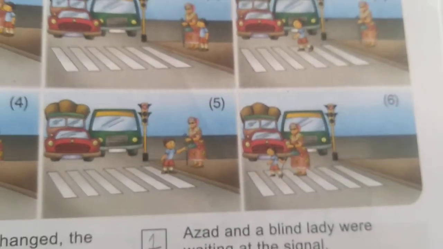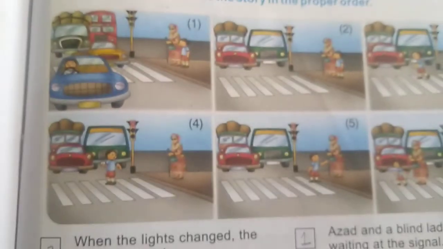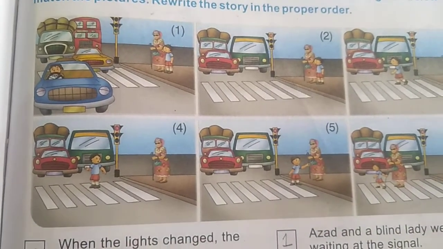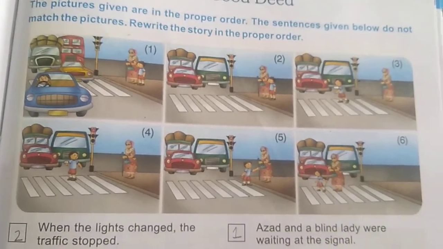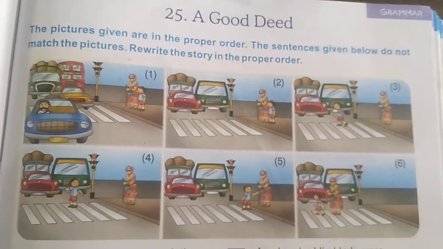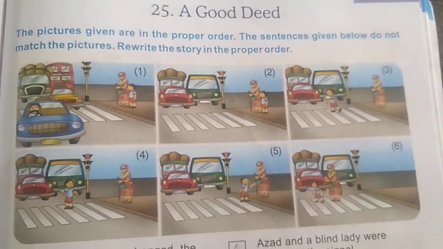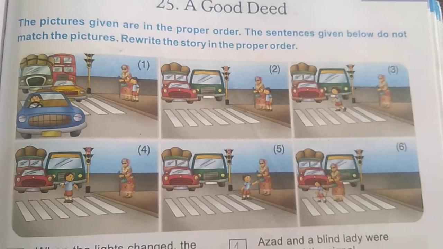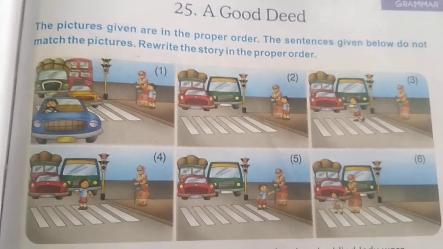Yes. Now here, see children, this is the first image. See, in the first image, the grandma and the boy are standing and the vehicles are moving. That means the road is busy.